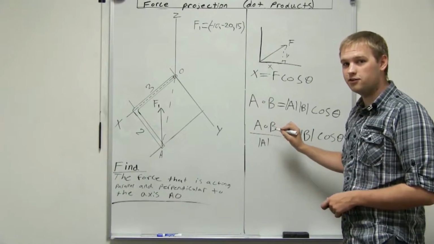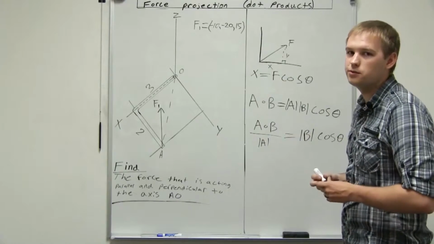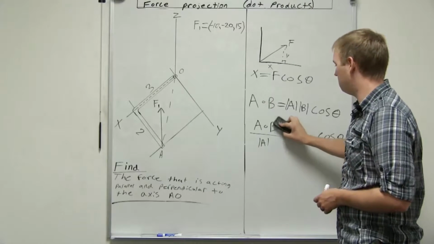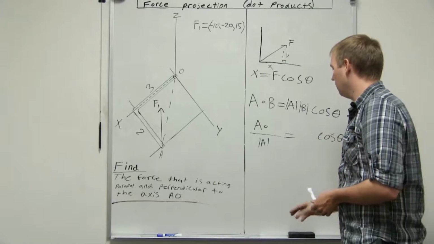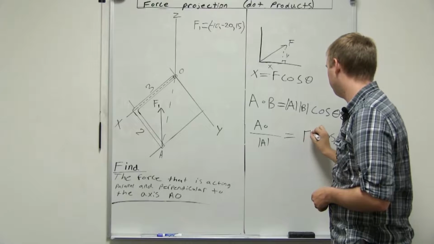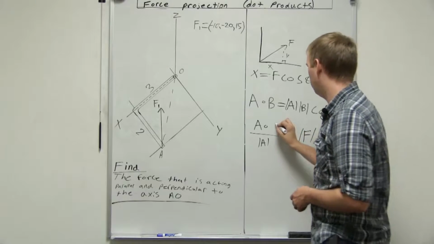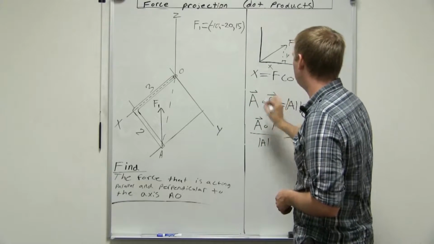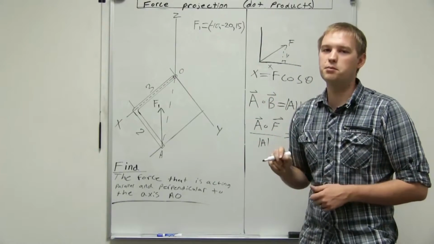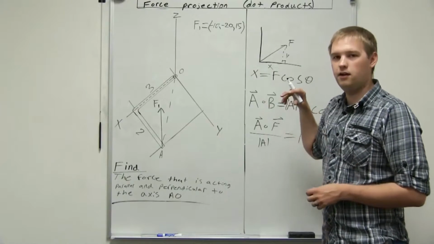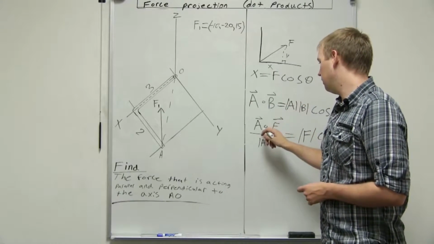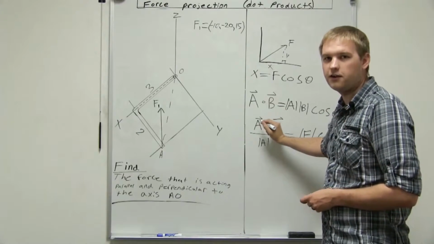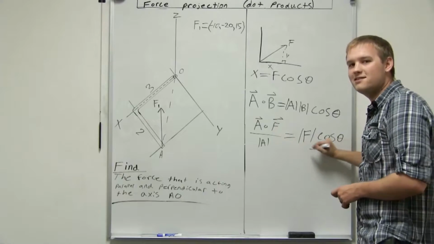Now, A and B are just completely arbitrary terms that we use for this equation. So what I'm going to do is replace B with F. And something really, really important to remember is that a dot product is two vectors dotted together, and the answer that it gives you is one scalar number.